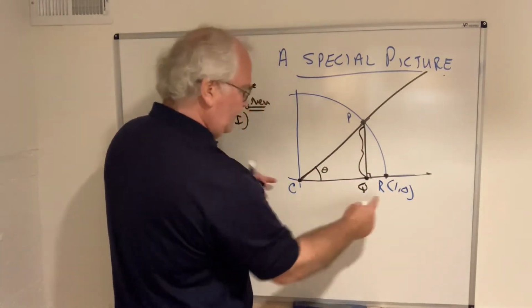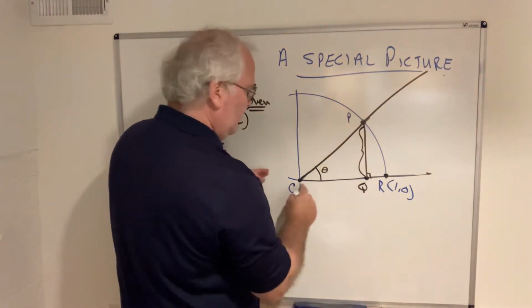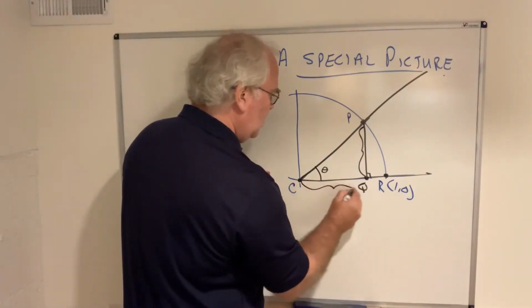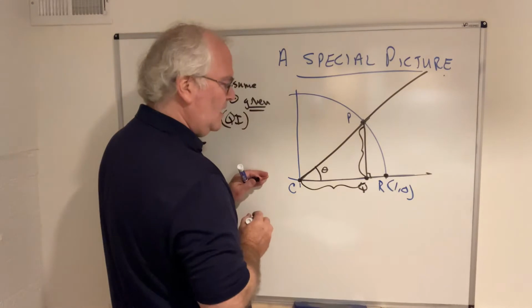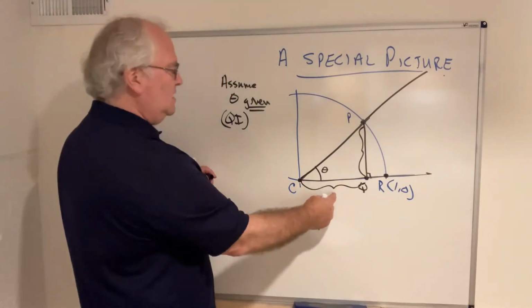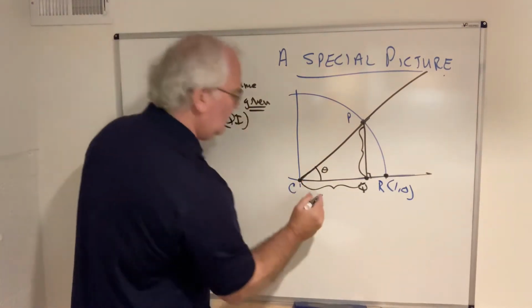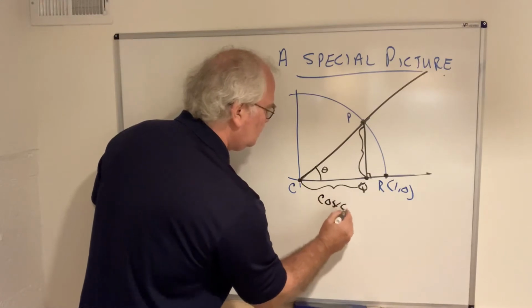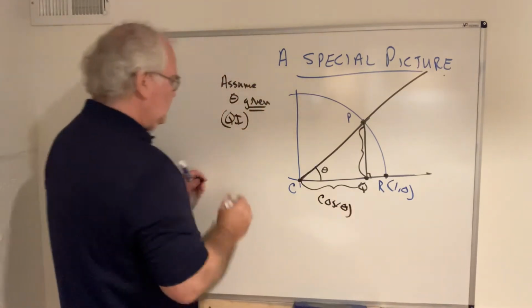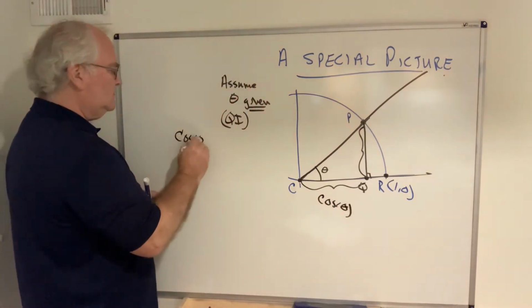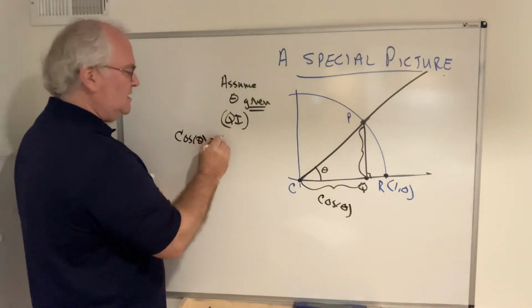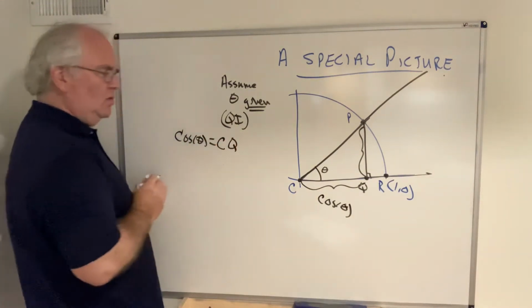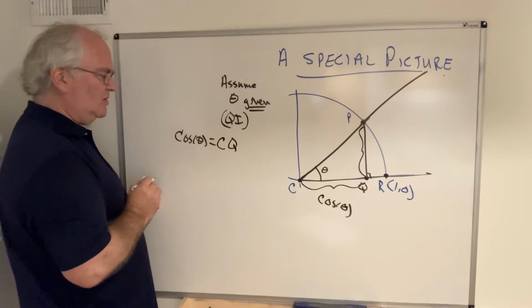I know 1 is from C to R, but from C to Q, I know that distance, because the x-coordinate is the cosine of the given angle. So cosine theta is distance CQ in this picture.